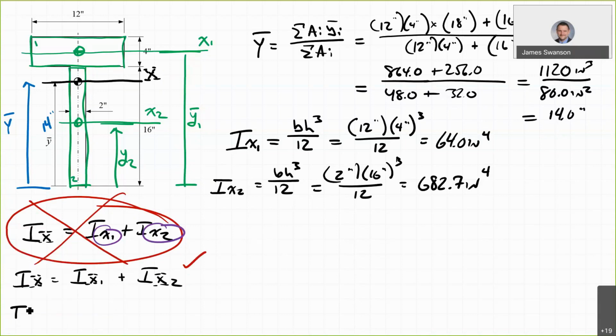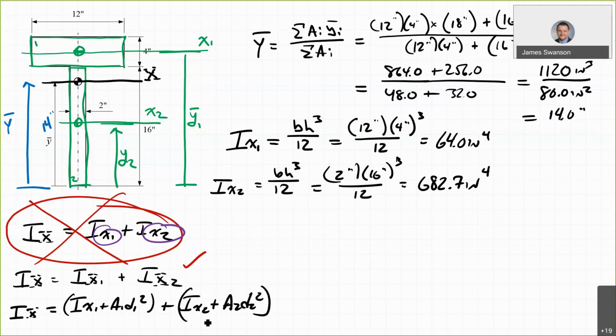So I sub big X is equal to I sub little x1 plus a1 d1 squared, plus I sub little x2 plus a2 times d2 squared. We're converting from I sub little x1 to I sub big x1, and from I sub little x2 to I sub big x2.